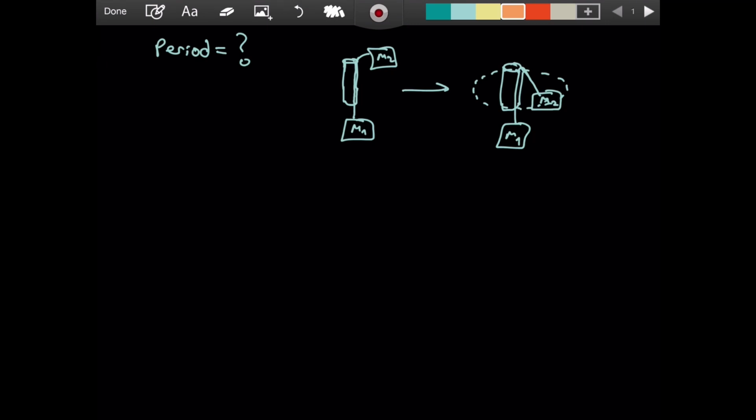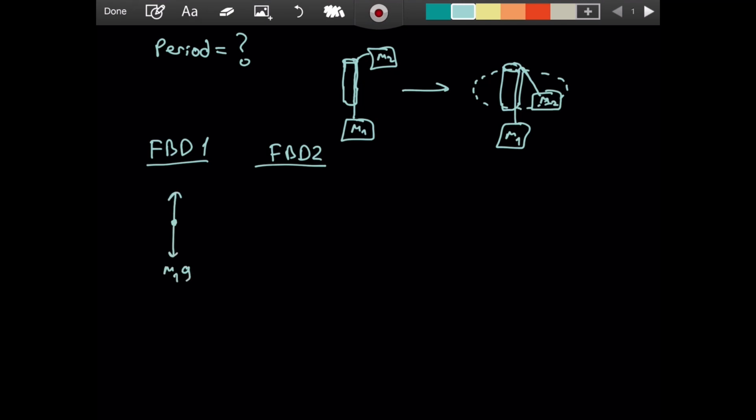So the best way to start this is by drawing two free body diagrams. First for mass 1. Free body diagram 1 and free body diagram 2. Now for the first one, there is M1g downwards, right?